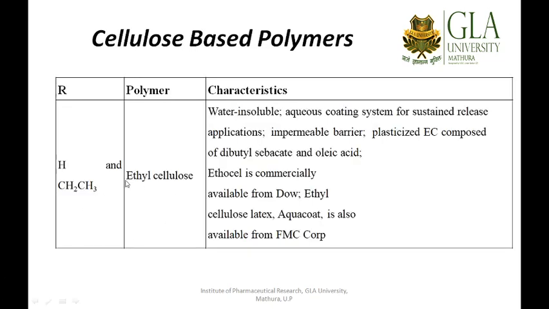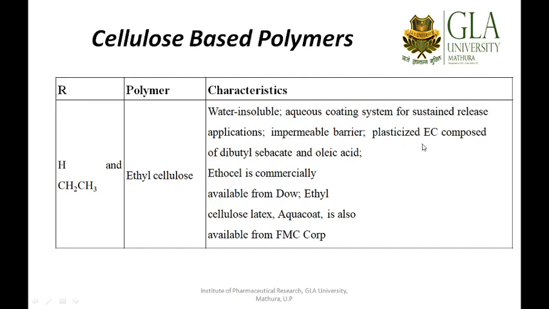Now coming to another substitution, we have incorporated the ethyl group in place of methyl. See, it becomes water insoluble, and it can be used for aqueous coating systems for sustained release application, because for sustaining the drug release we never want the polymer to be soluble in the biological system, and we need an impermeable barrier. So ethyl cellulose is an example of a sustained release polymer, because it has an impermeable barrier.